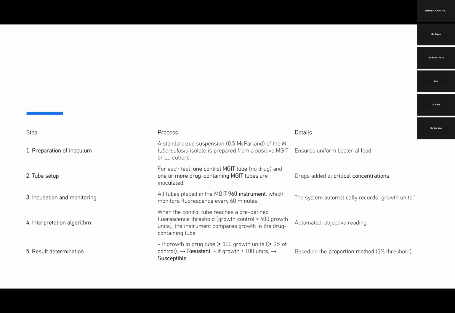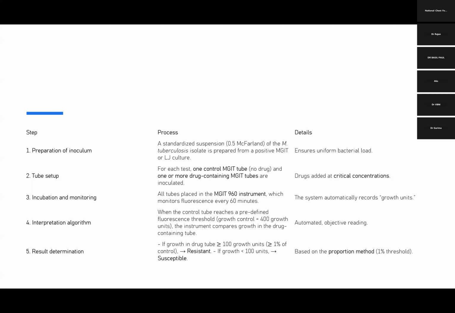Then you place these tubes in the MGIT 960 instrument, and you monitor the fluorescence every 60 minutes. Now, how do you interpret? When the control tube reaches a predefined fluorescence threshold, that is, growth control equal to 400 growth units, the instrument then automatically compares growth in the drug-containing tube.